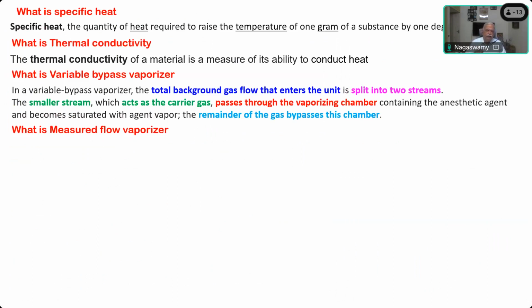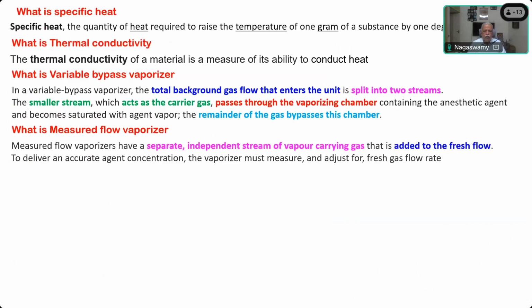Instead, there is a separate tube which delivers the vapor directly into the mainstream of the fresh gas flow. That is called the measured flow vaporizer. So what you have to remember is that the measured flow has a separate independent stream of vapor carrying gas that is added to the fresh flow. To deliver an accurate concentration, the vaporizer must measure, adjust for the fresh gas flow and deliver the vapor accordingly so that the dial setting concentration can be delivered. Okay.